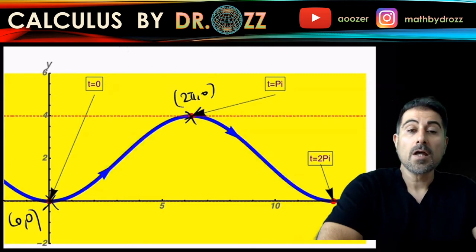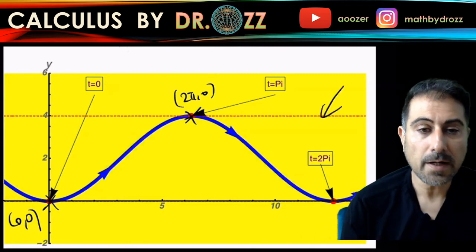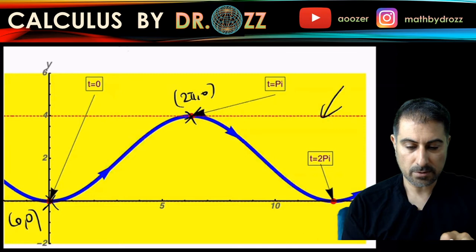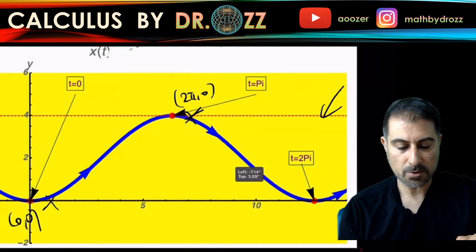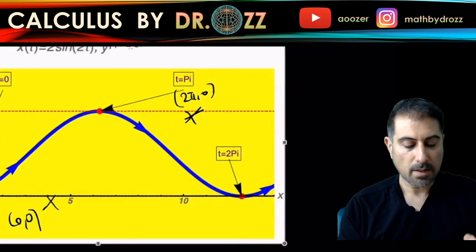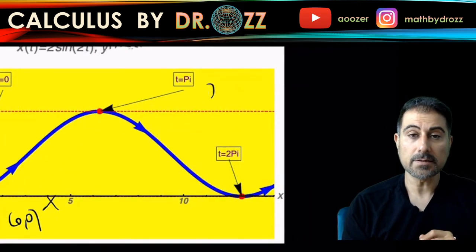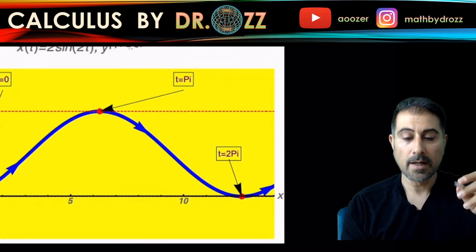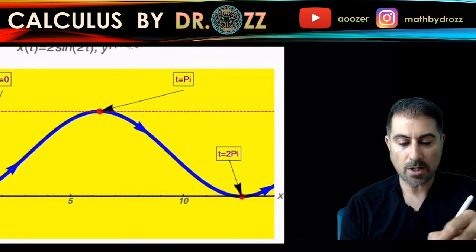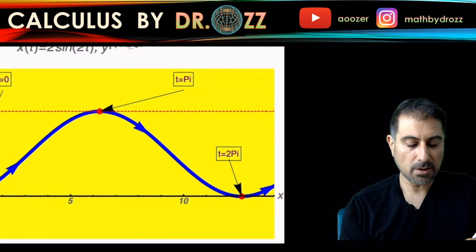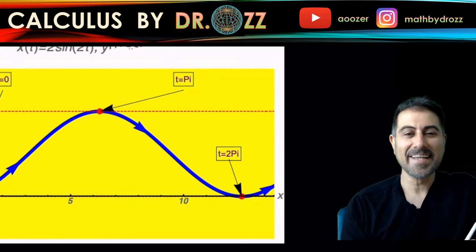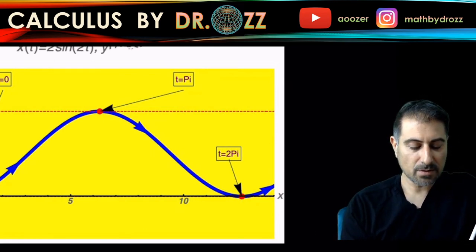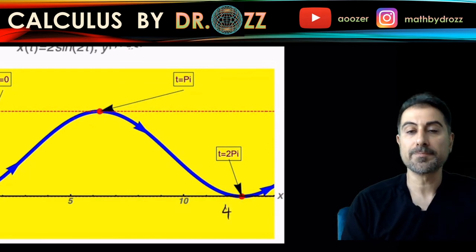And at t equals 2 pi, which is right here, you have another horizontal tangent line that comes with the coordinates 4 pi and 0.